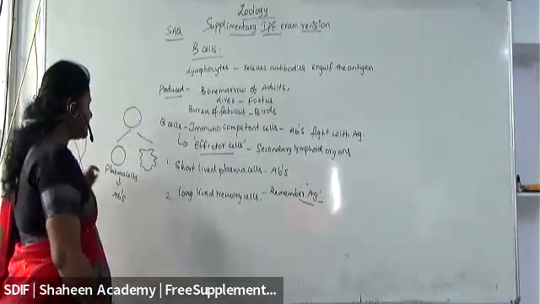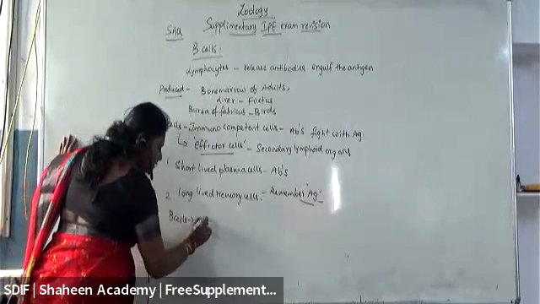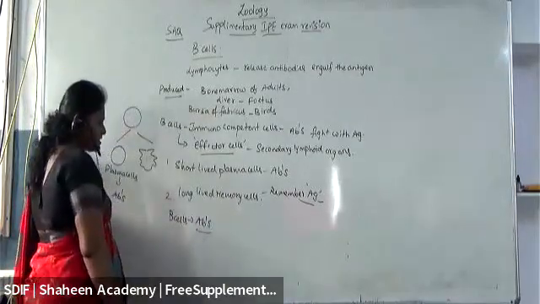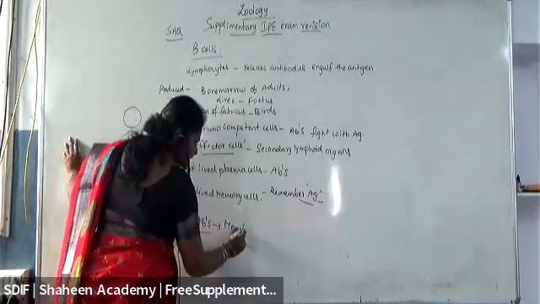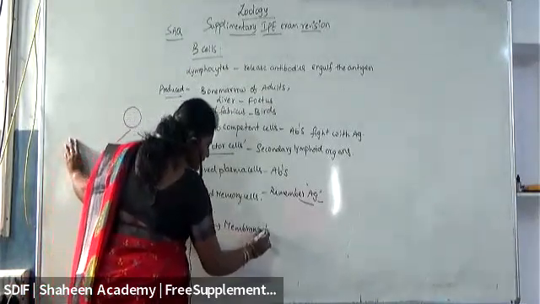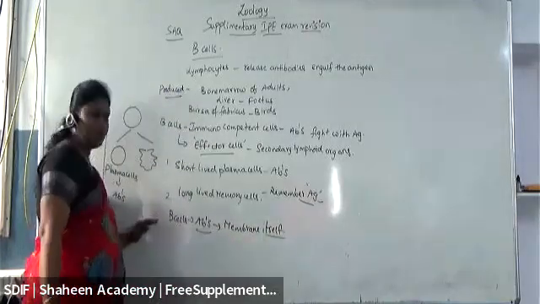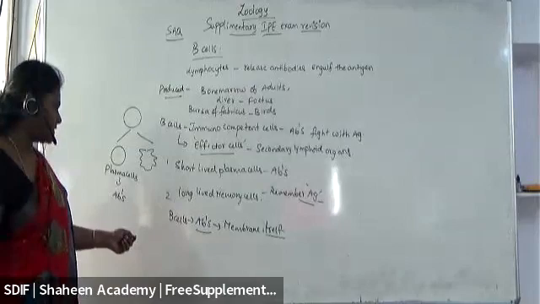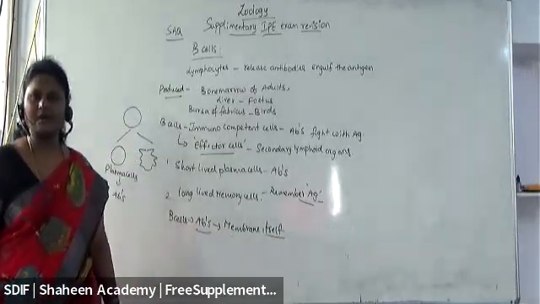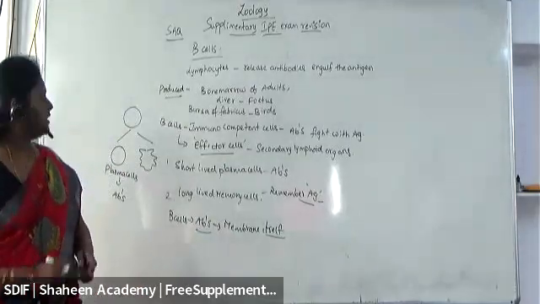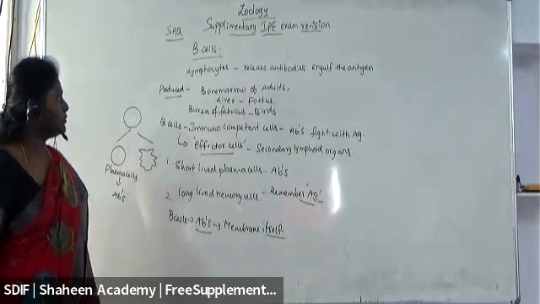And one more thing: sometimes in B cells, whatever antibodies are produced will be present on the membrane of the B cells itself, until they identify a specific antigen. So these are the different points you should remember and write about B cells.